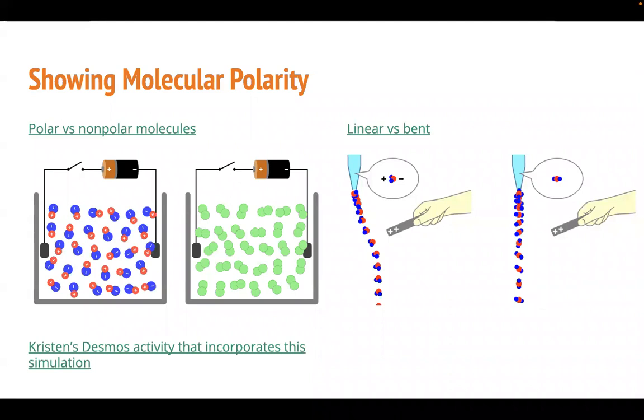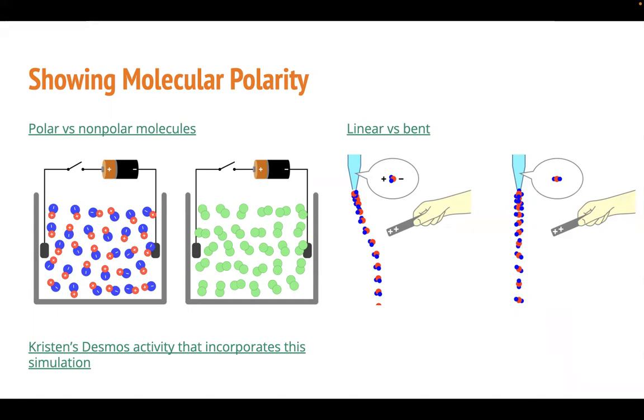But this particular model does a nice job at showing how these molecules would orient themselves. It's just a polar versus a nonpolar molecule, and how the polar one would orient itself towards that magnet the person is holding, versus the molecule over on the right, which is nonpolar, and how that magnet is not affecting it.